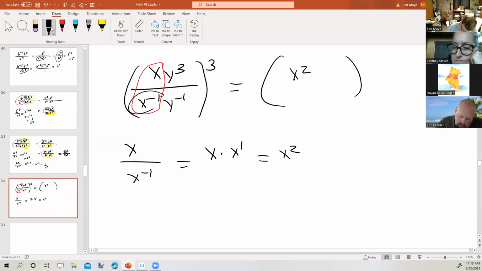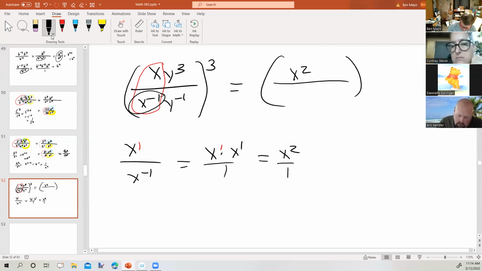So basically this got moved upstairs, which gave it a positive exponent. Don't forget there's an implied 1 there as an exponent. So x divided by x to the negative 1 becomes x squared. And that x squared is in the numerator.